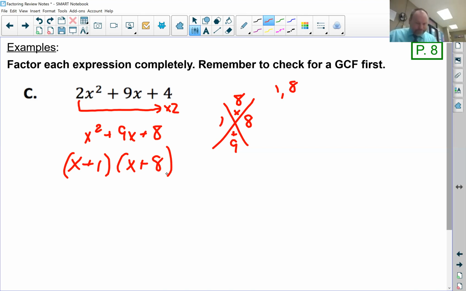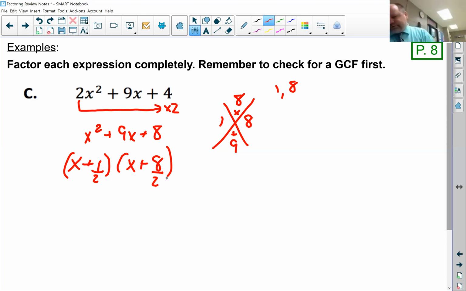But I'm not done. To get those factors, I multiplied by 2. So to get my answer, I'm going to divide by 2. 1/2 does not reduce, and 1 divided by 2 is not an integer.